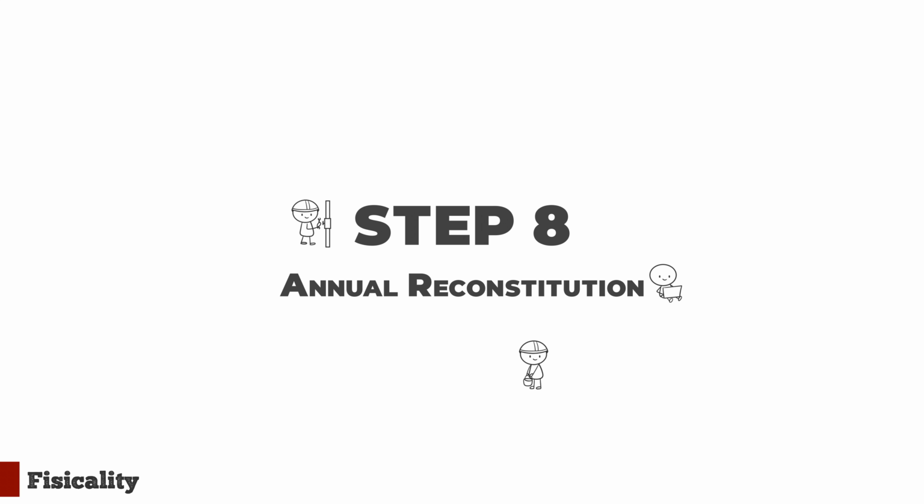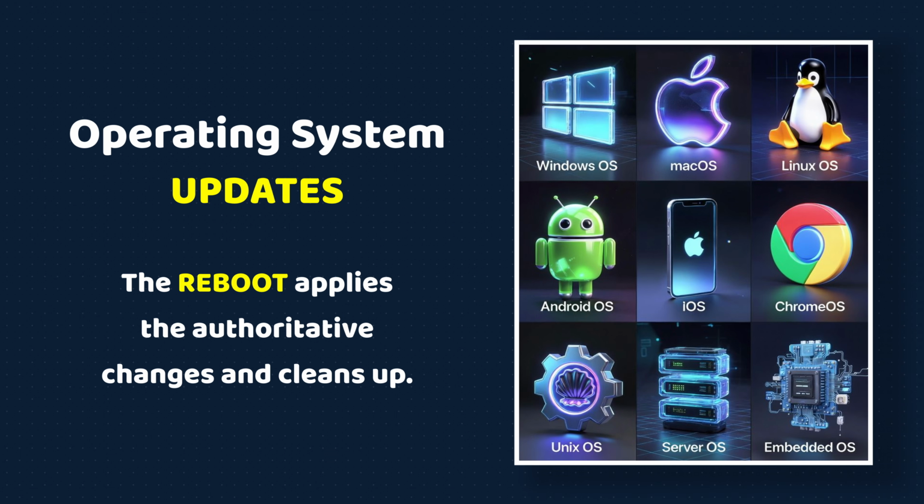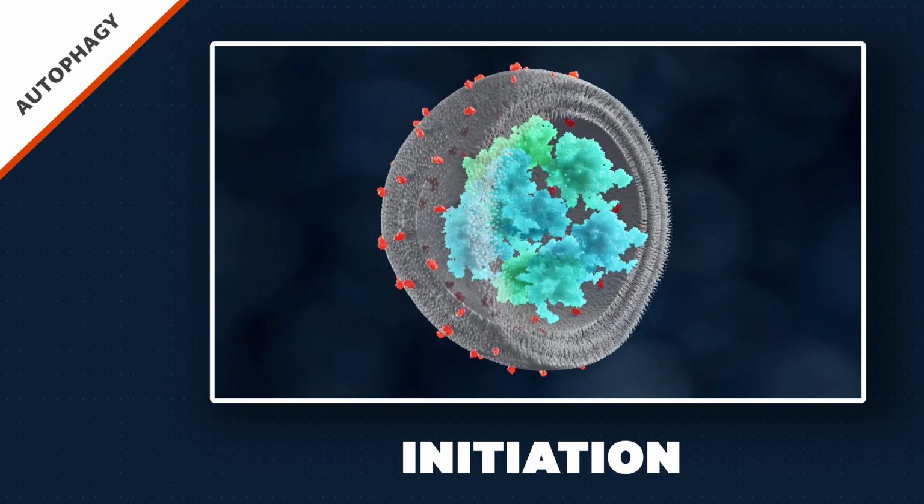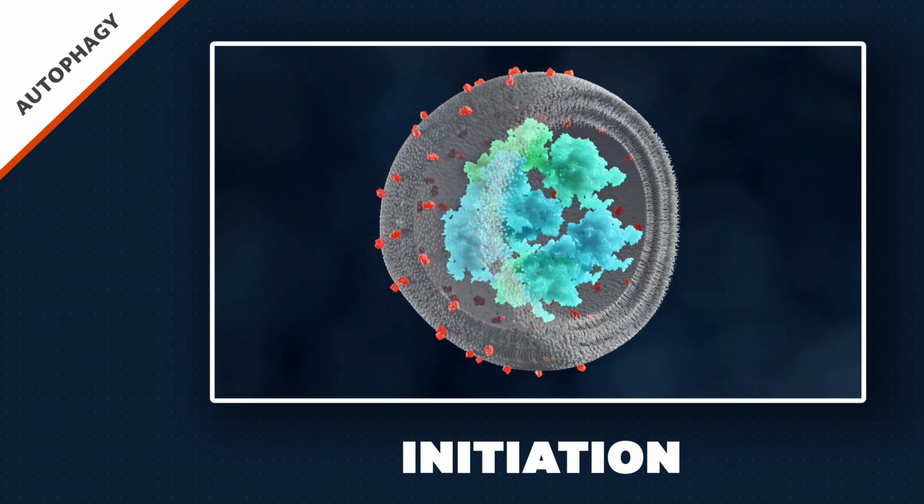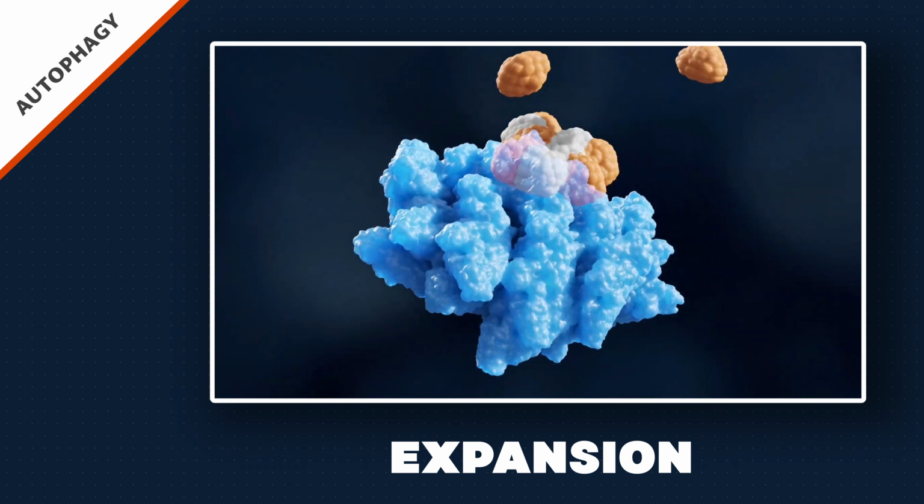Step 8, Annual Reconstitution. The Annual Reconstitution is strategic. It's like the operating system reboot of the portfolio that removes old, outdated, or damaged program members in favor of viable replacements. Or better yet, it's the fiscal autophagy of the portfolio cellular body.